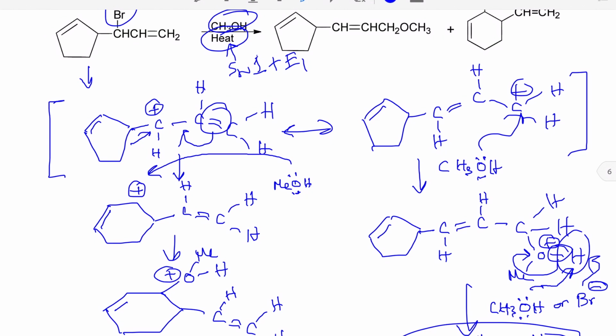What that means is that in order to reduce the charge on this carbon, the bond between these two carbon atoms can dissolve, and the electrons can essentially shift from there to here.